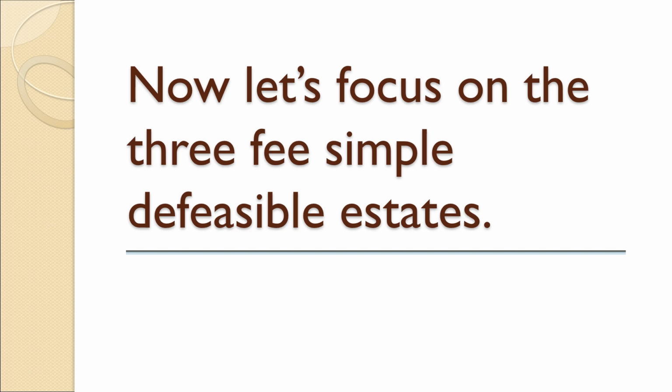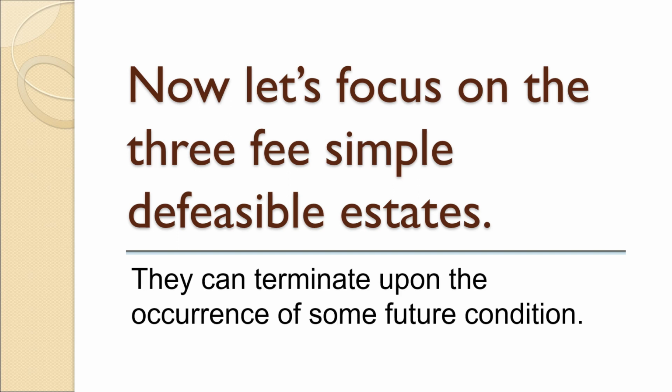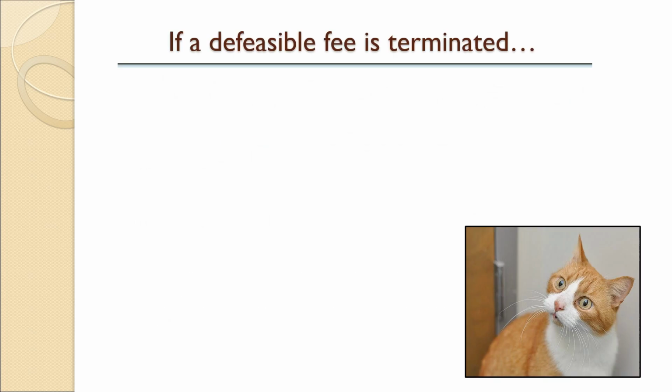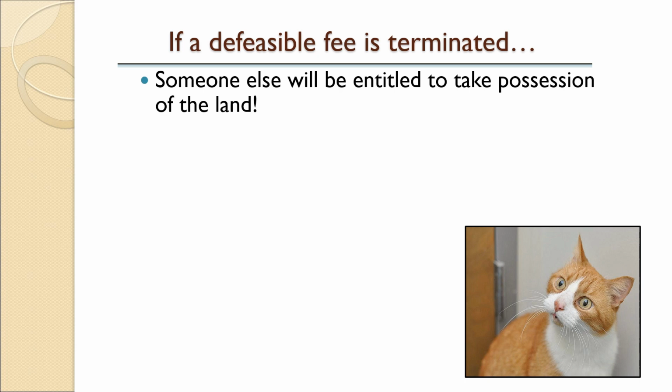Now that we've concluded this part on fee simple absolutes, let's focus on the three fee simple defeasible estates. Remember, these are estates that, unlike the fee simple absolute, can terminate on the happening of some future condition. If a fee simple defeasible estate is terminated, somebody else is going to be entitled to take possession of the land.